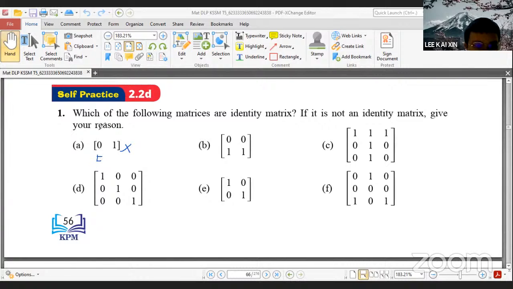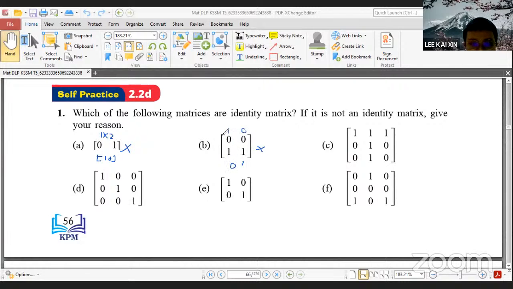A 1 times 2 matrix, if it is the identity matrix, then it is 1, 0. So for this one, the 1 is not in the first position. For the second one, it is no, because if it is an identity matrix, it should be 0, 1.